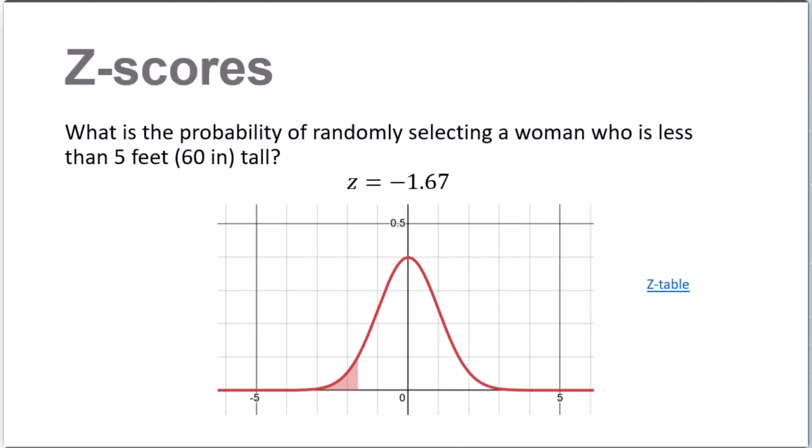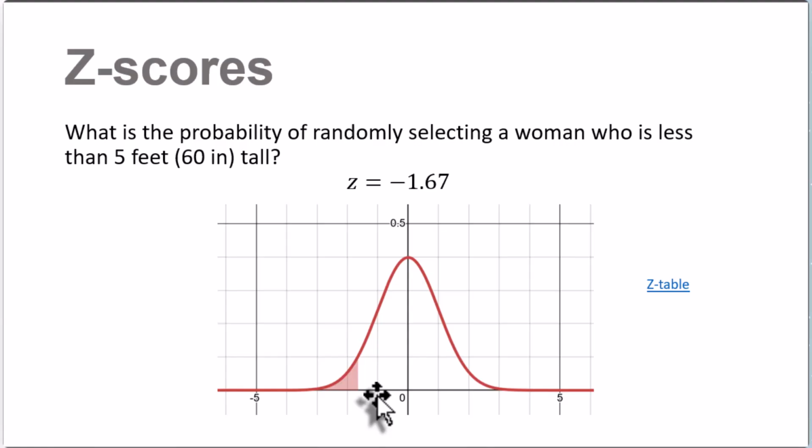In the standard normal distribution, negative 1.67 falls to the left of the peak. It's a negative value, so it's below the mean of 0. And it's a fair amount below, but not really far into the tail. Negative 1.67 is sort of a low z-score, but not an unusual or unlikely z-score.